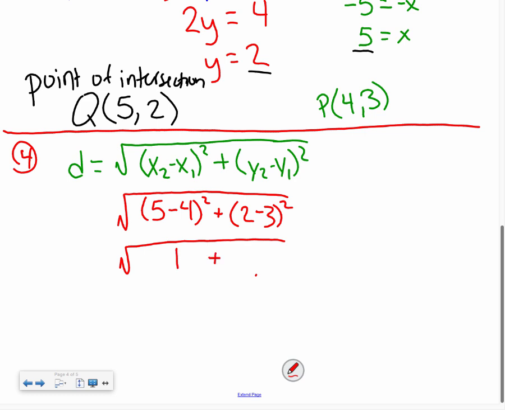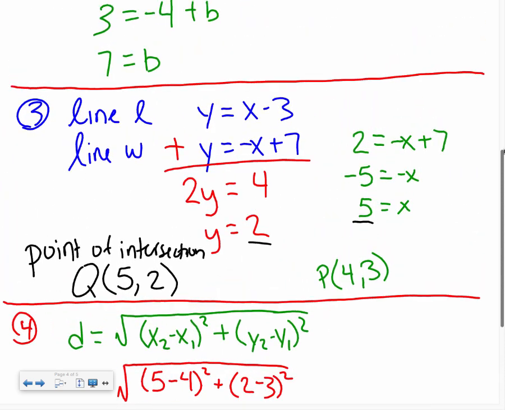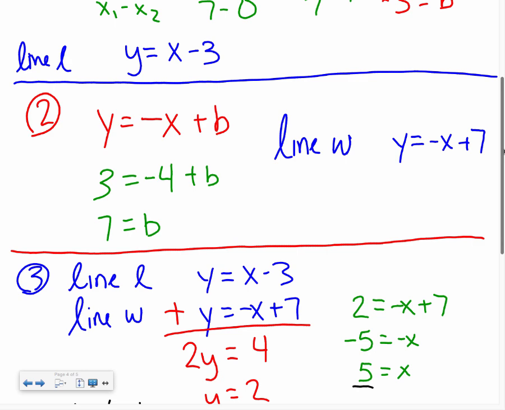Negative 1 squared is 1. So we have the square root of 2 as our answer. So point P is square root of 2 away from line L.